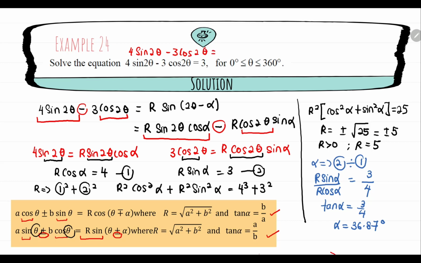We are going to express this as R, so R is 5, R sin(2θ minus α), α is 36.87 degrees. Now, we haven't done the solution. We have just done the first part of the question, which is to express sine minus cos in terms of sine, so that we will be able to find the solution.